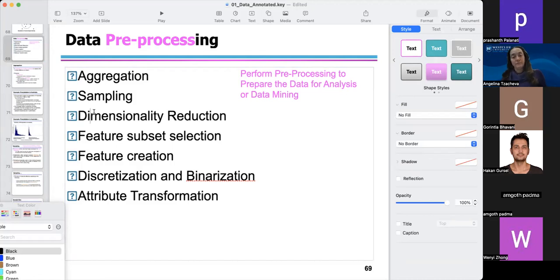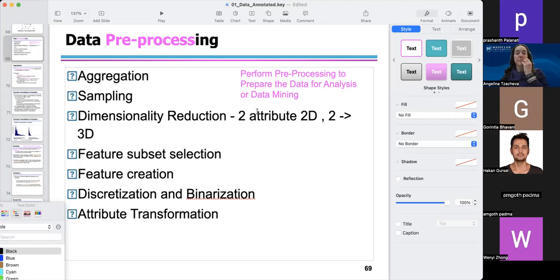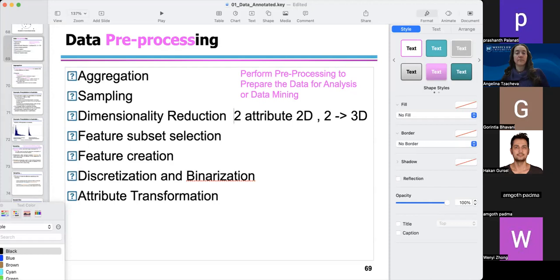If we have two attributes, we have two-dimensional space. Three attributes, we have three-dimensional space. Four attributes, four-dimensional space. Five attributes, five-dimensional space. 48 attributes, 48-dimensional space. That's a lot of dimensions.